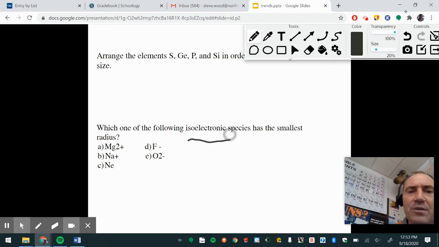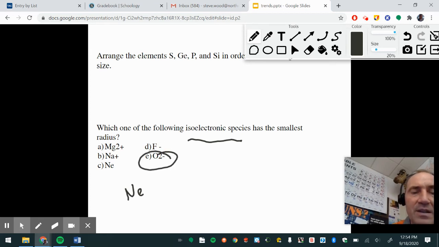Okay, now this one's cool. So this is isoelectronic. We learned that isoelectronic means that they have the same electron structure, everything's the same. So in this case, these are all isoelectronic with neon. Now in terms of structure, do you see how this has the most electrons? This one has 10 electrons, but only 8 protons, because the atomic number for oxygen is 8, and it has 10 electrons because it's isoelectronic with neon.